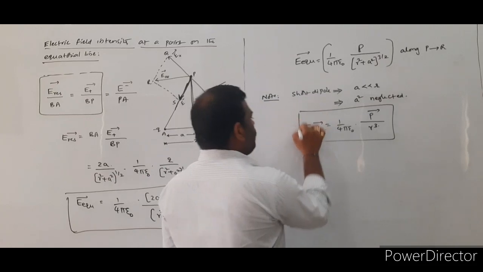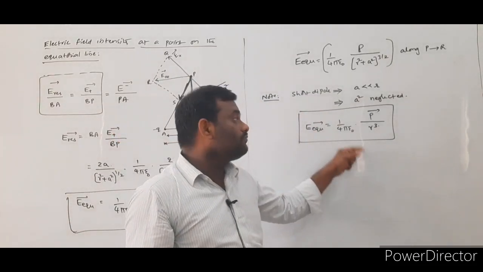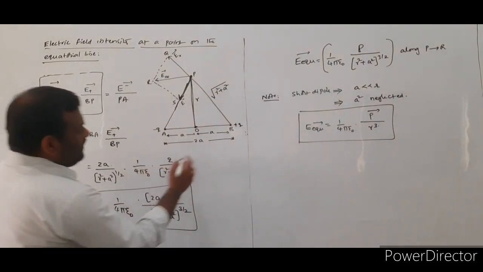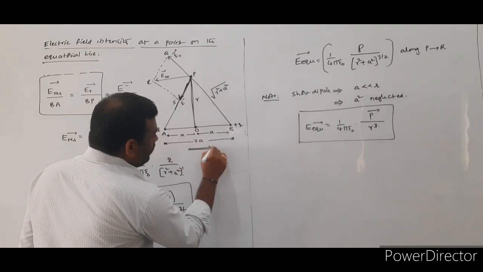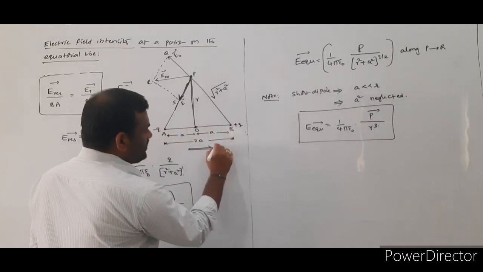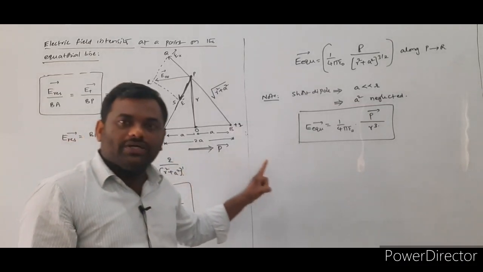Here electrical dipole moment is also which type of quantity? Vector quantity. But if you look at the diagram, already we said that the electrical dipole moment is always acting from where to where? Negative charge to the positive charge.